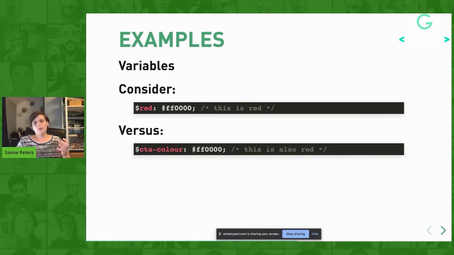But if you assign it to a variable that does make sense, like CTA color or call to action color, then suddenly that color red gets a meaning. And as soon as I start using that variable within my system, it's meaningful. People get why a certain thing has a certain color because it's a CTA color, like a button might have that for some reason.